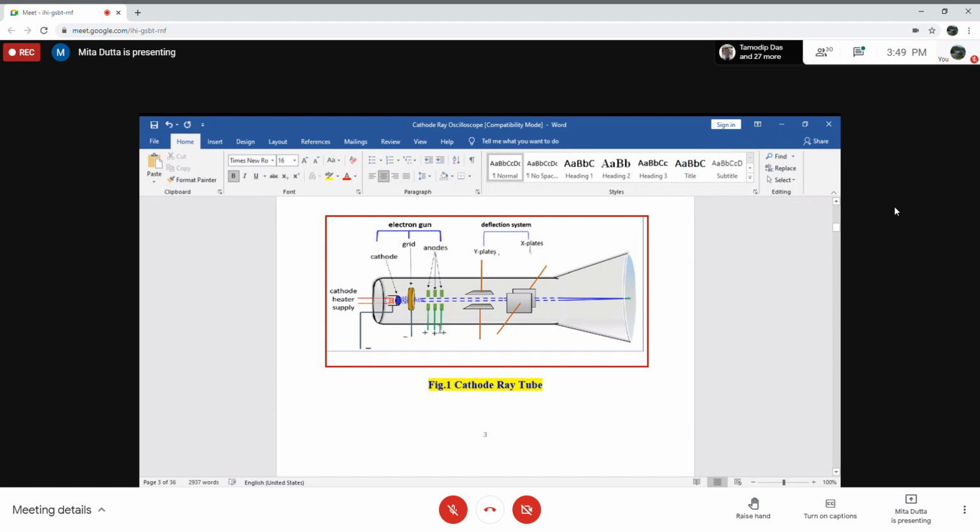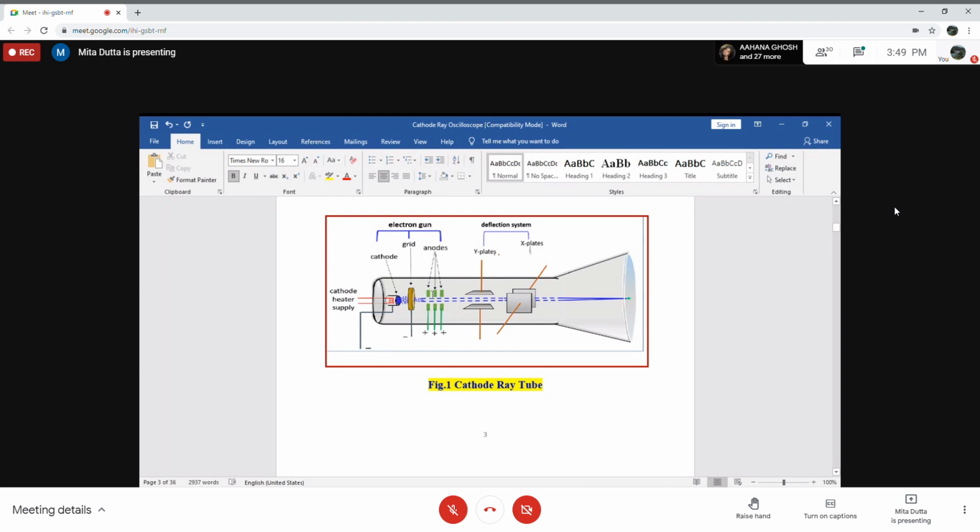The third anode is at higher potential than the first and second, and the second is higher than the first. All 3 anodes are at positive potential with respect to the cathode.